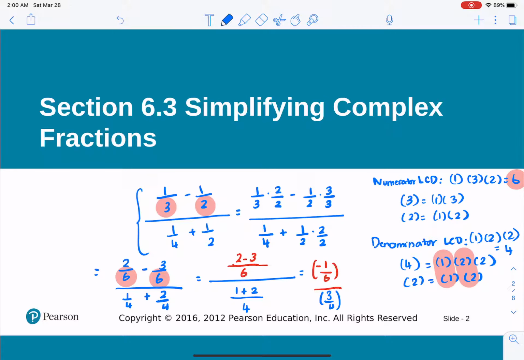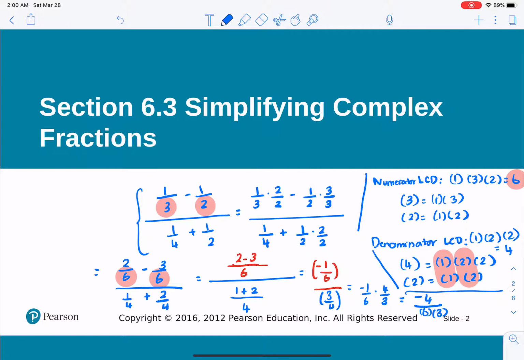Now we just have to flip and multiply, to get negative 4 over 6 times 3.